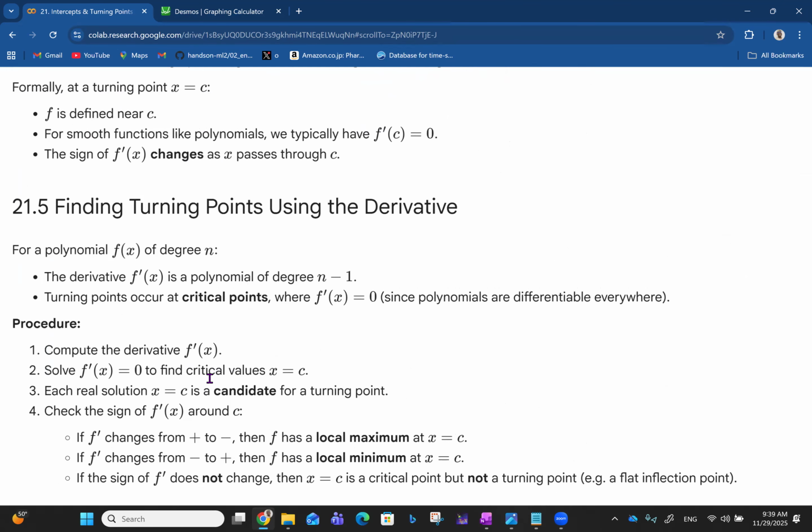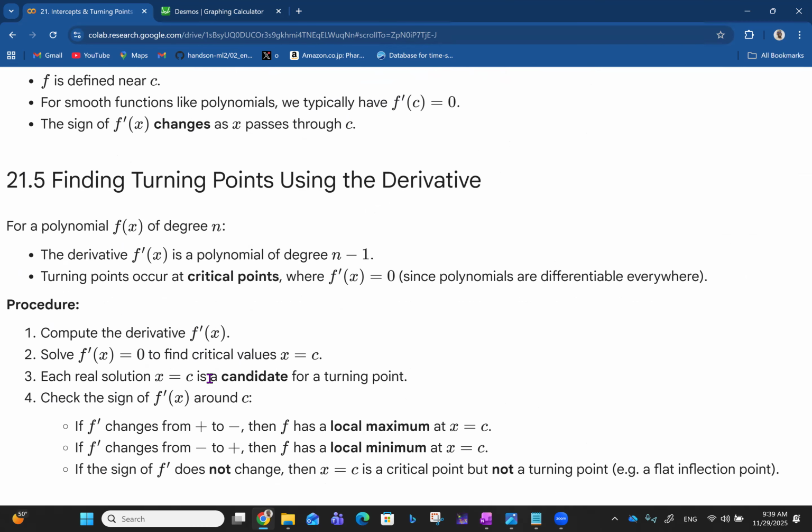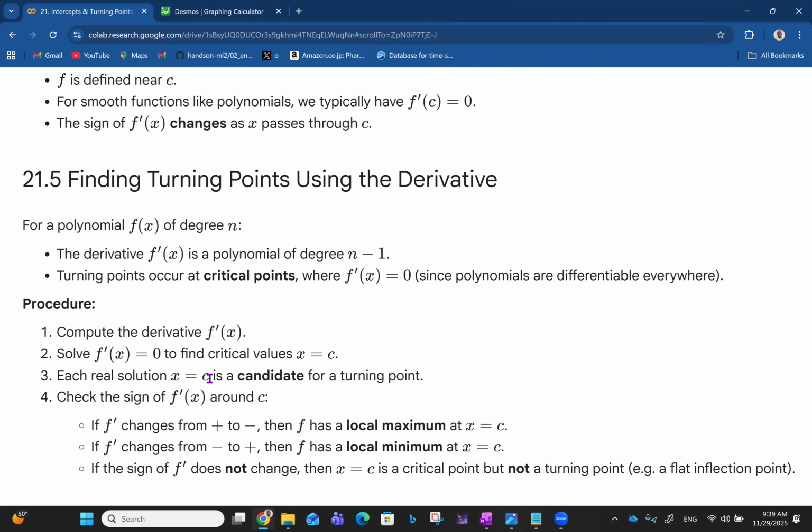I have done this, of course, under basic calculus, but I think it is good to consider it again under polynomials. So for a polynomial f of x of degree n, the derivative f prime of x is a polynomial of degree n minus 1. So turning points occur at critical points where f prime of x is equal to 0. There's a lot of information coming right now.